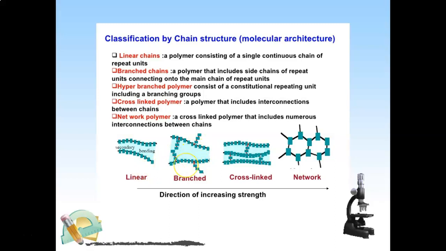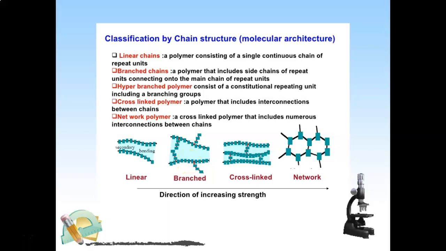For the branch polymer, since these are shorter chains attached to the linear chain, they can interfere with the efficient packing of the polymer, and branch polymers tend to be less dense than a similar linear polymer.